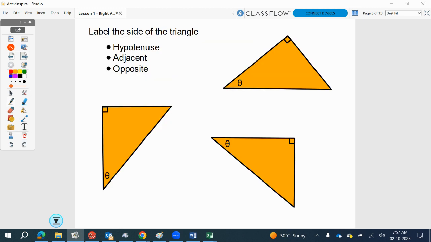Okay, have a go. Copy this picture down. Sketch the triangles in different positions and see if you can name the sides.